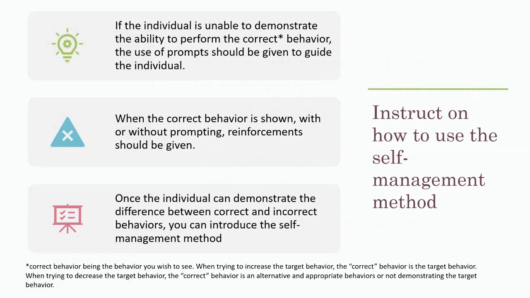When the individual shows the correct behavior, whether it's with prompts or without, the reinforcement should be given. Once the individual can demonstrate the difference between correct and incorrect behaviors, you can introduce the self-management method.